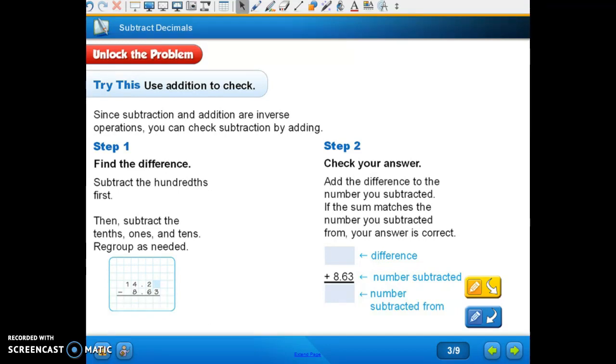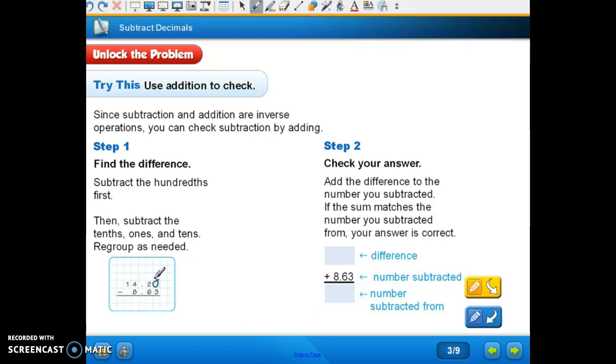Okay, when you look at this problem, we have 14.2. What can we put in this spot to help us out there, Keegan? A 0. If we fill a 0 in to the right of our decimal, we are not changing our number, right?